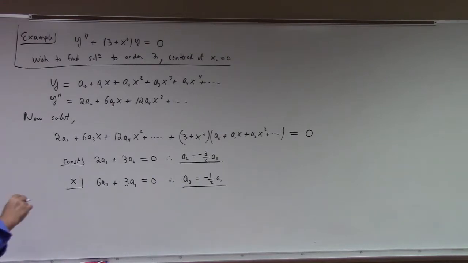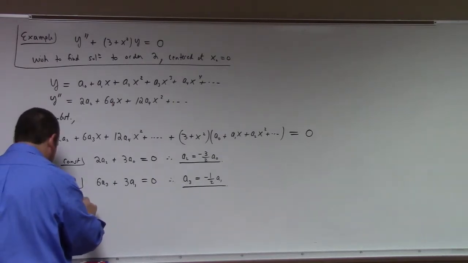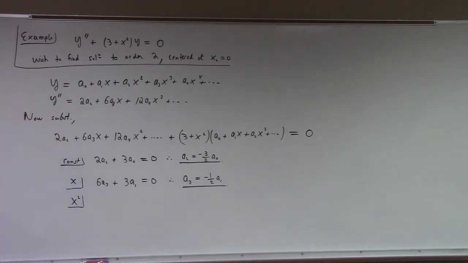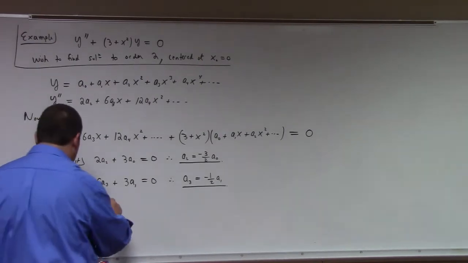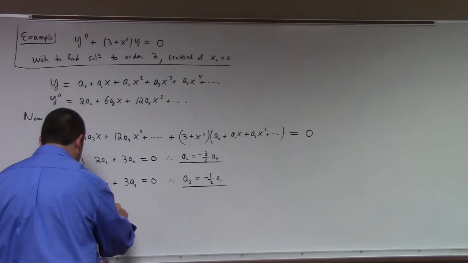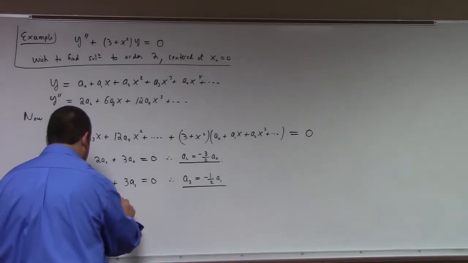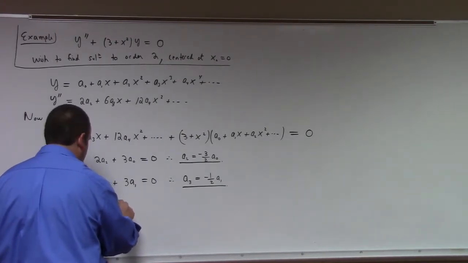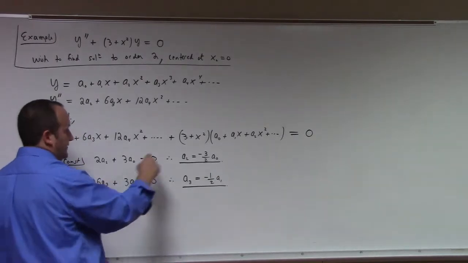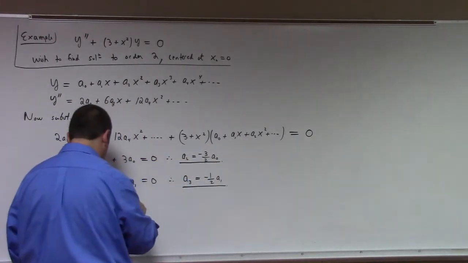Next up, x^2. What do we have for x^2? We have 12a4 plus 3a2.